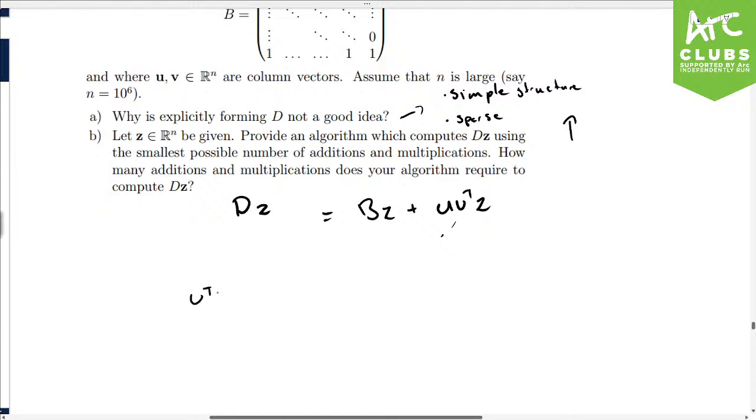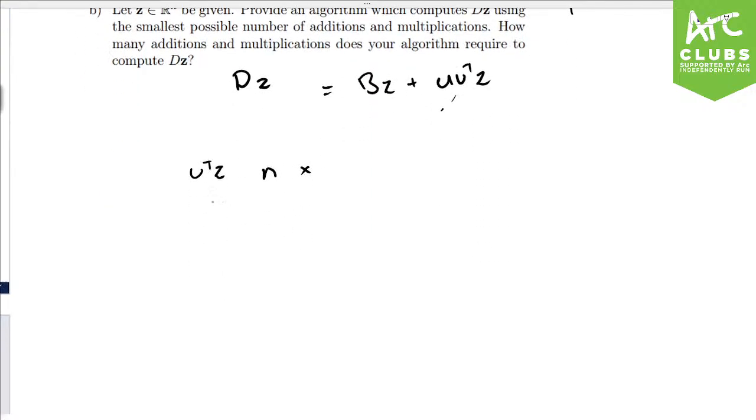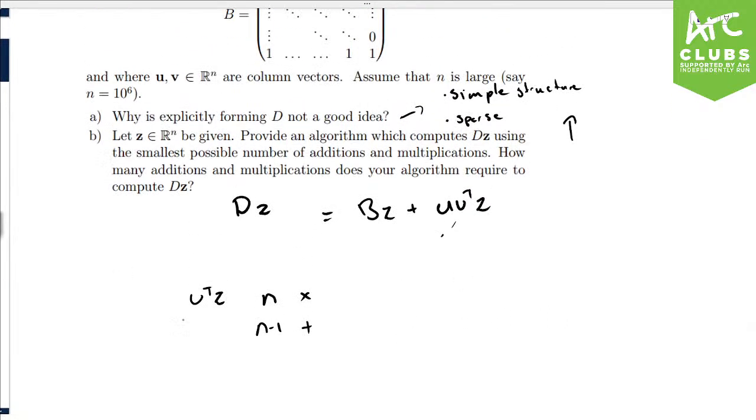So V transpose z, we're doing n multiplications and also n minus 1 additions. And after we have that, that becomes a scalar.